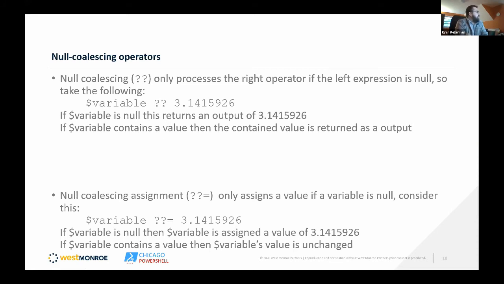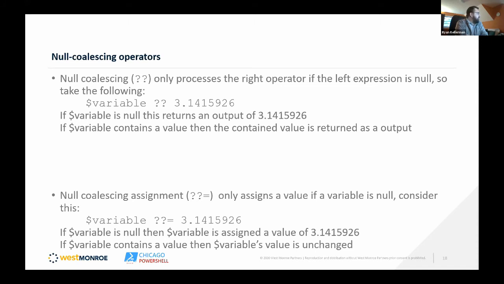So, null coalescing operators. Basically, what these two operators do is make handling instances where a variable is null, or contains no data at all, easier, to make things happen without having to handle errors or do any kind of function to test whether or not the object contains data.